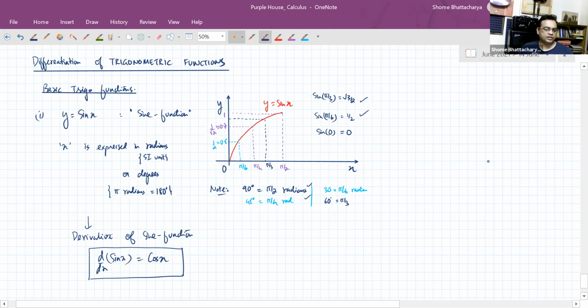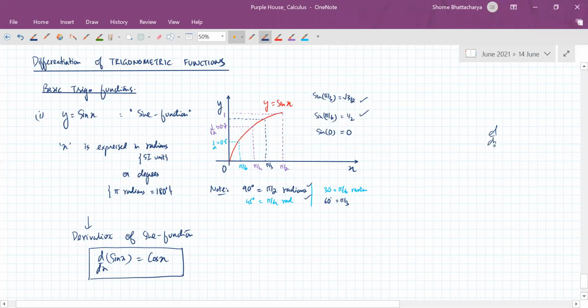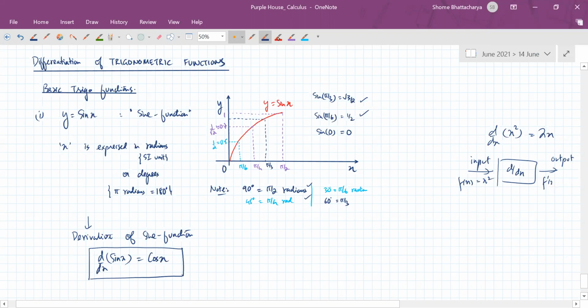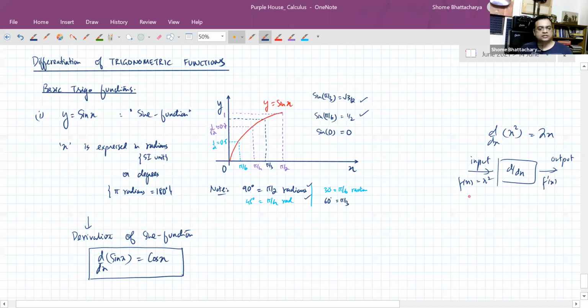Yes, but that is the formula. Just like we have the differentiation of x square is 2x. So this is basically the operation of differentiation. If we input the function x square, the output that we get from this operation is the derivative, which comes out to be 2x. So similarly, if we input the function sine x, the output that we get, f prime x, or the derivative, happens to be cos x.